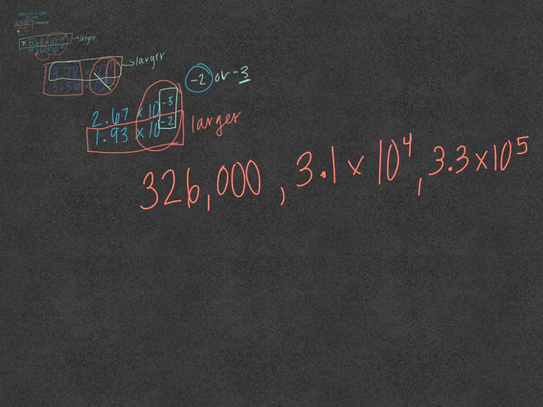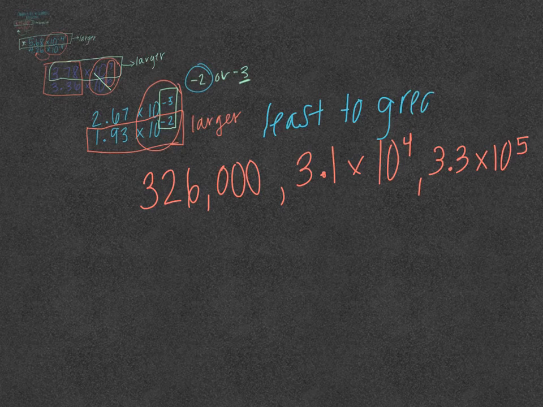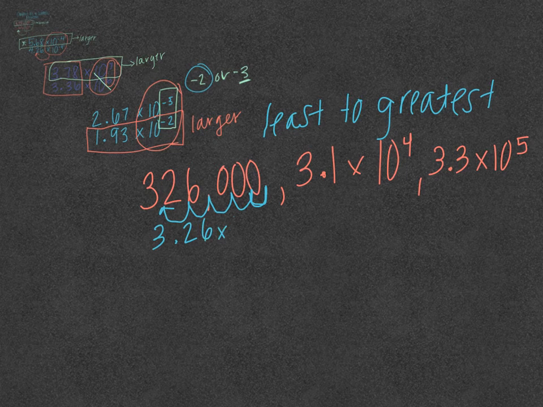So if you had to put these in order from least to greatest, what I would suggest doing is converting the number in standard form to scientific notation. So we're going to do that. 1, 2, 3, 4, 5. So that becomes 3.26 times 10 to the 5th power.